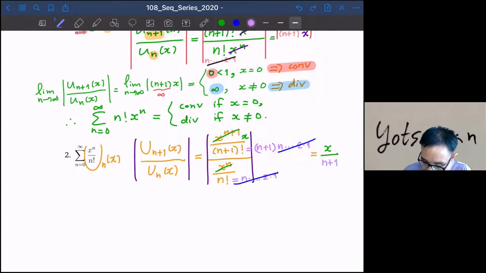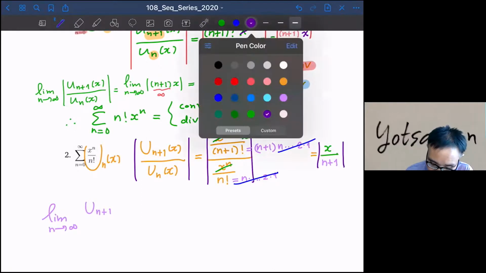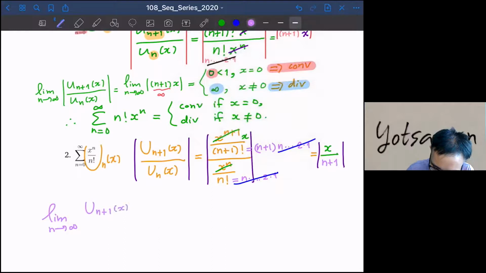And you see that when you compute the limit as n goes to infinity of u_(n+1). I forgot absolute value. Let me put absolute value here. So it's going to be the absolute value of u_(n+1)(x) over u_n(x).